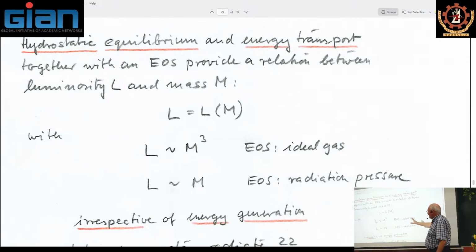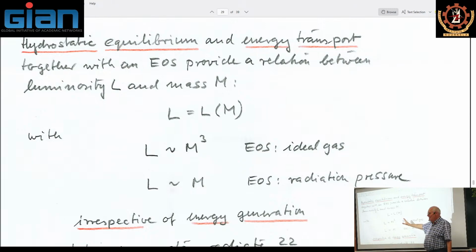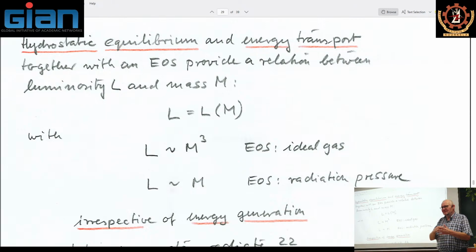Once we fix its mass, it has to radiate at a rate which is given by the mass-luminosity relation. What we have used is energy transport. That means we have an energy flux because there is a temperature gradient. The energy transport relates the temperature gradient with the flux, or the luminosity.